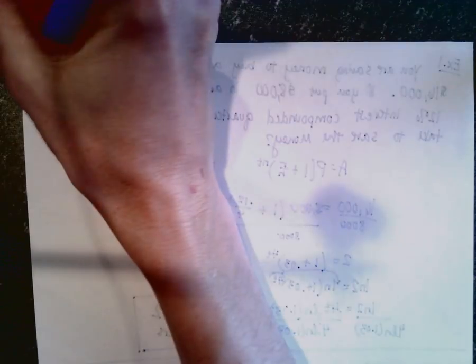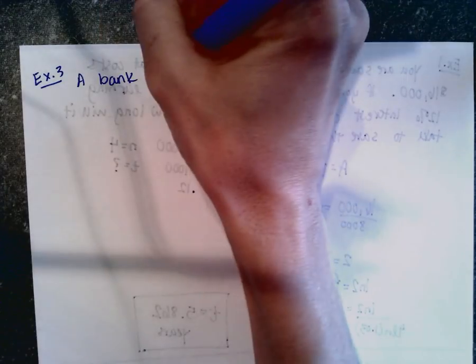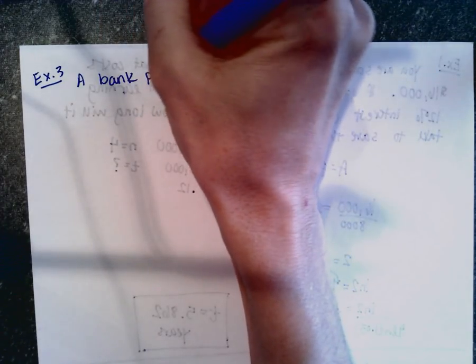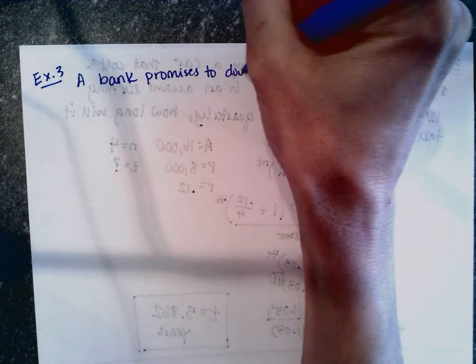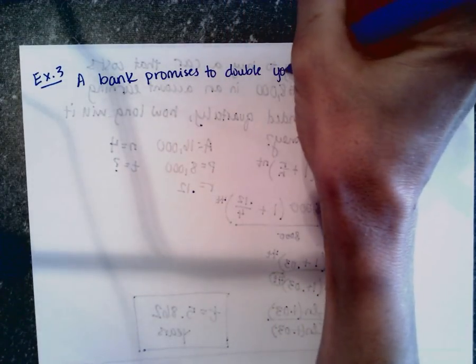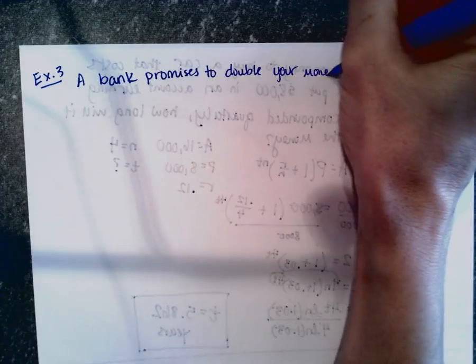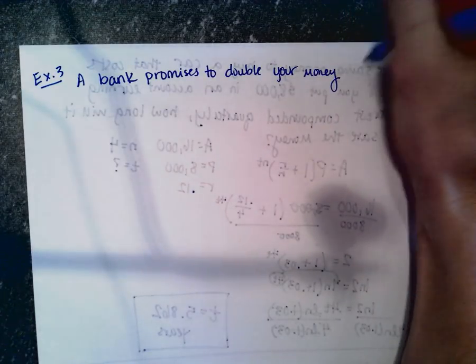So example 3 says a bank promises to double your money in 6 years. That'd be pretty nice.